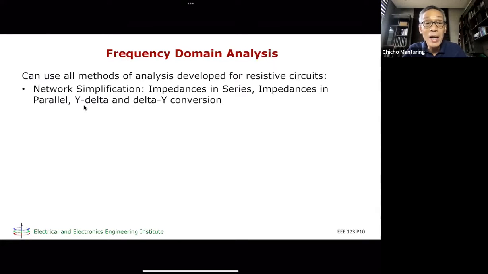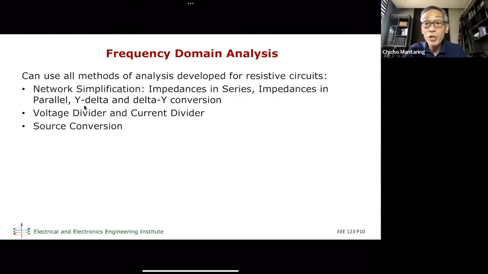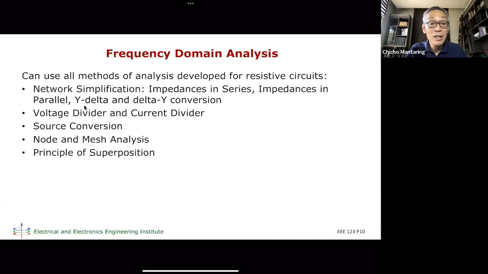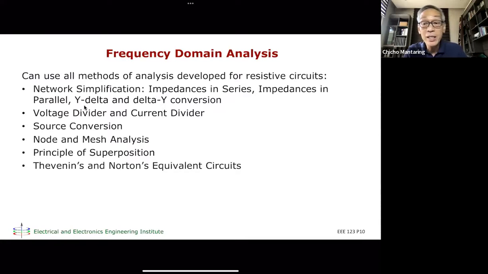Pwede tayong mag-Y to delta at saka delta to Y conversion. We can do voltage divider and current divider. We can do source conversion. We can do node and mesh analysis. We can use the principle of superposition because it's a linear network. And we can also use Thevenin's and Norton's equivalent circuit. So lahat nito magagamit natin.